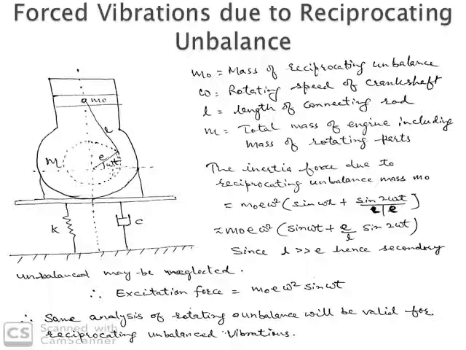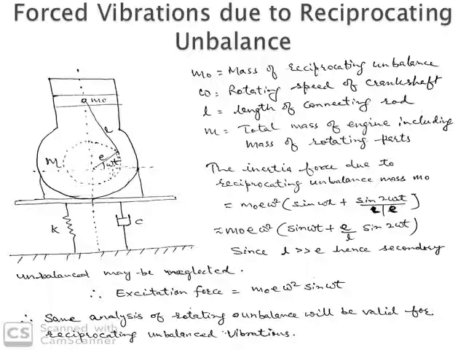As we know, the inertia force due to reciprocating unbalance is m0 e omega square sin omega t plus e by L sin 2 omega t, that is, the primary unbalance force and the secondary unbalance force. Since the connecting rod length L is quite a bit higher than the radius e, the secondary unbalance force can be neglected.